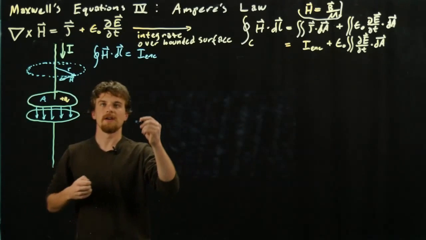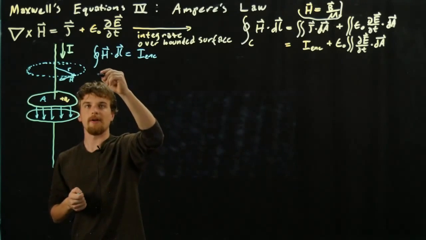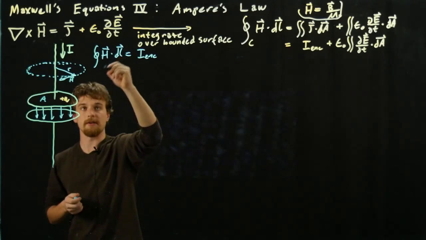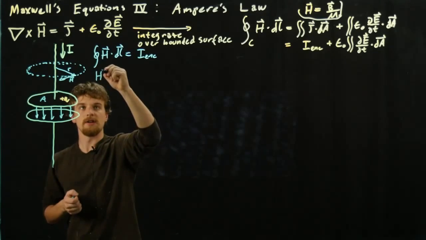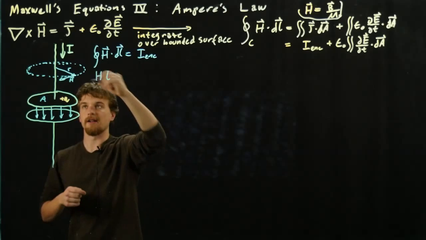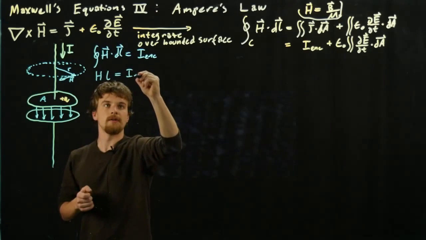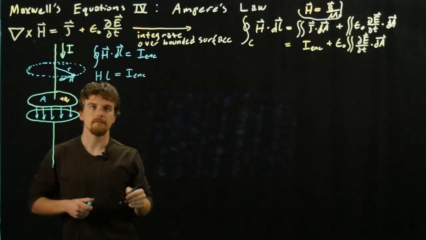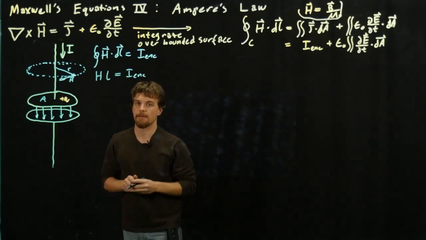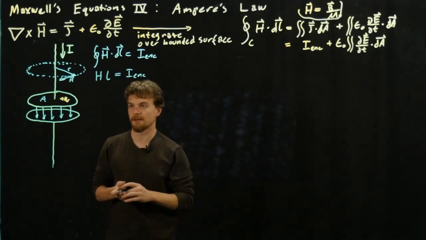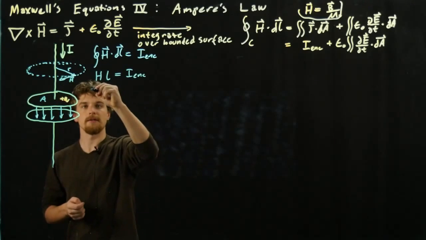Does that make sense? So the integral of this dot product will just become H times L, where L is the total length of our path, equal to the current enclosed. And what is the length of our path? We have a circle with radius r.